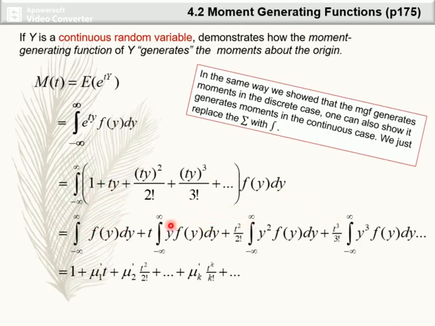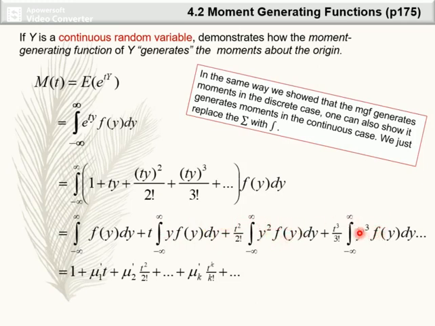Now the term t obviously doesn't depend on y; whatever t is, it's a number, so you can take it out. Here t squared over 2 factorial also doesn't depend on y, so you can take it out. Now if you look inside, that's just the definition of the expected value of y. That is the definition of the expected value of y squared.